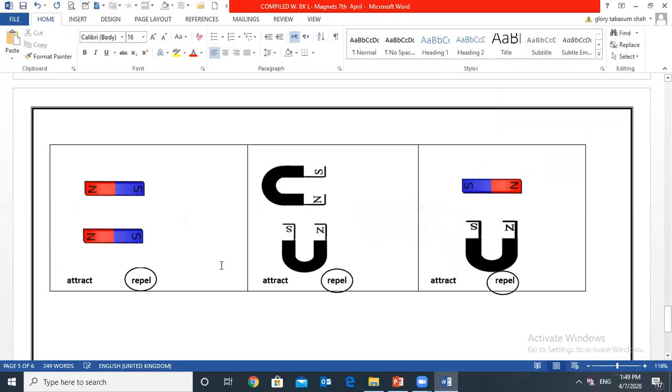Again, south, south, they repel over here. Then north, north, again, they are like poles, so they repel. North and north, they will repel.